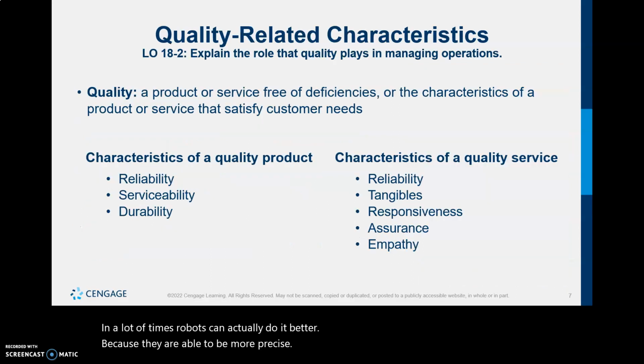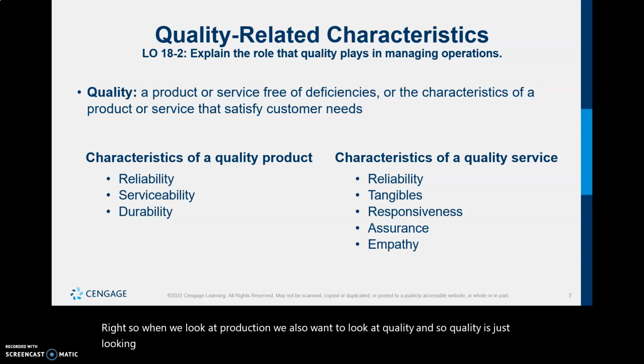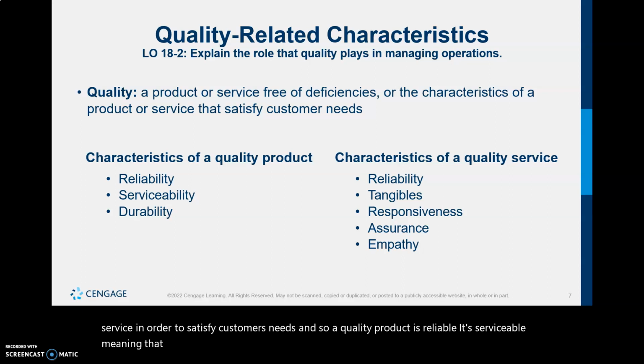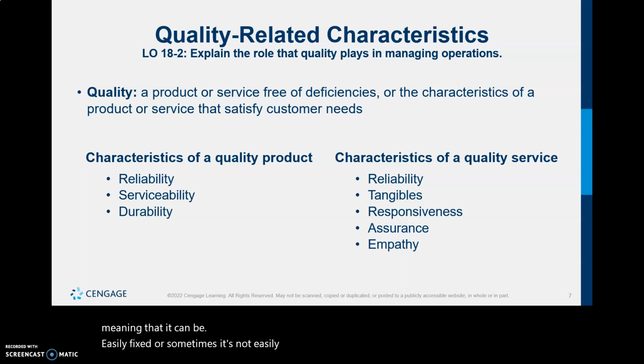All right, so when we look at production, we also want to look at quality. Quality is a product or service that is free of deficiencies, or how we create a product or deliver a service in order to satisfy customers' needs. A quality product is reliable, and it's serviceable, meaning that it can be easily fixed, or sometimes it's not easily fixed if it breaks.